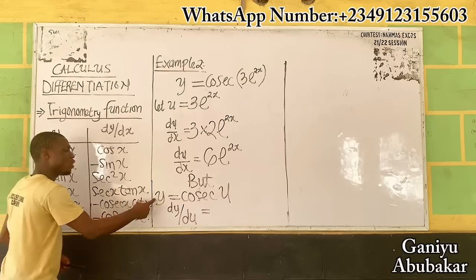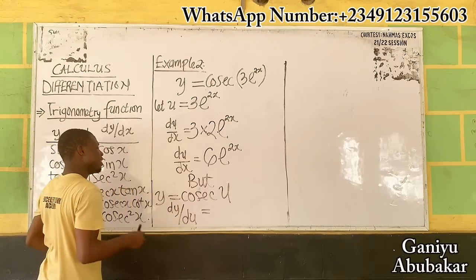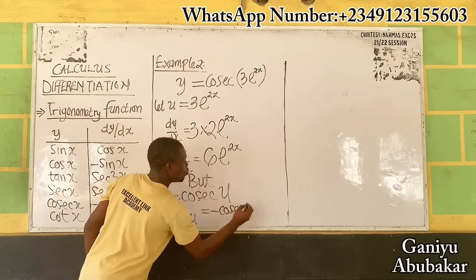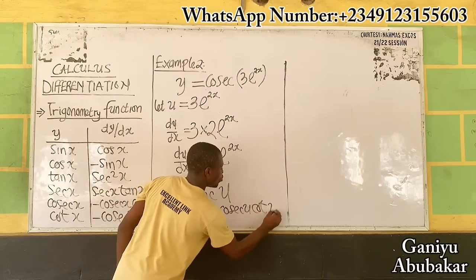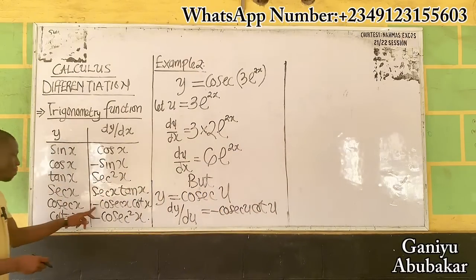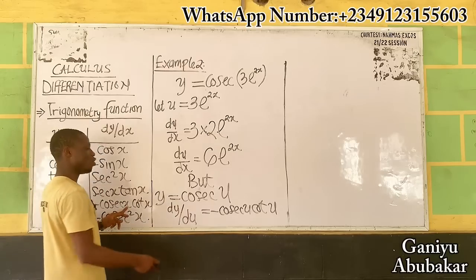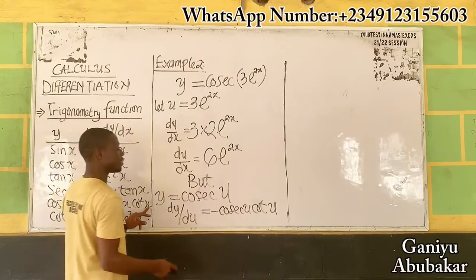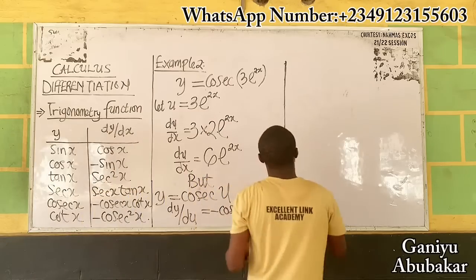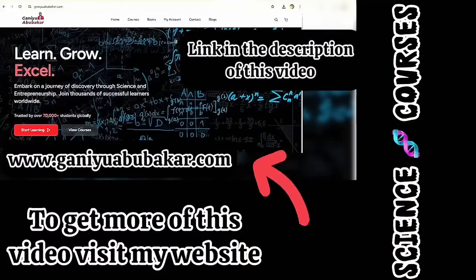If I have y equal to cosec u, dy over du becomes minus cosec u cot u. Instead of x here, you put u. At this junction, we use the chain rule.